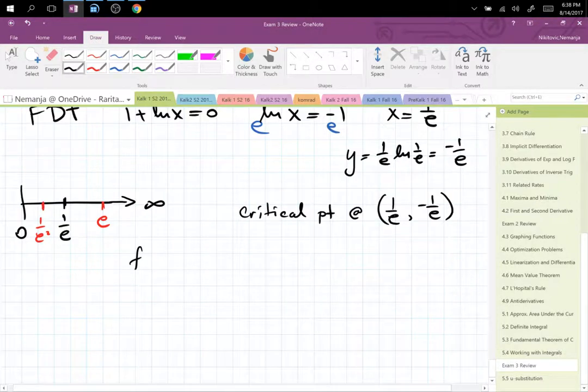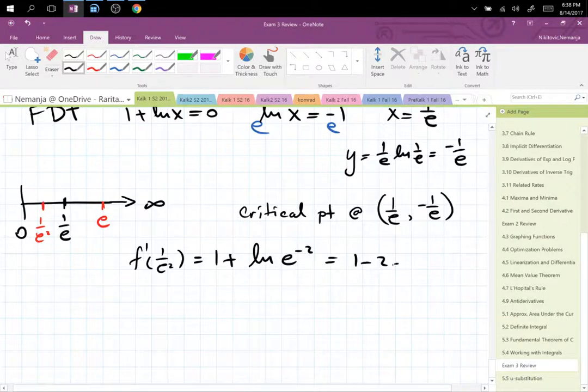So now the first derivative computed at 1 over e squared is actually 1 plus ln, and I'll put e to the minus 2, which is 1 minus 2, which is negative 1, which is negative. So we know that we have a decrease right here.